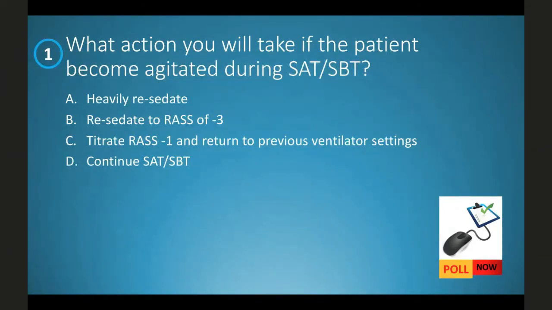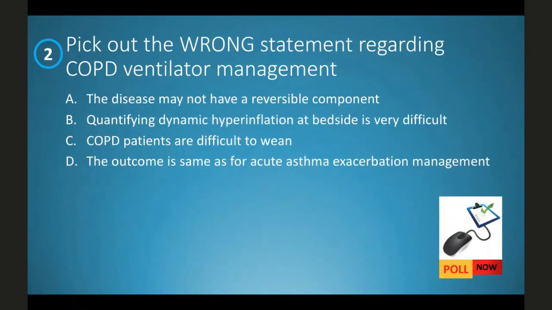Second question: pick out the wrong statement regarding COPD ventilation management. The disease may not have a reversible component. Yes. Quantifying dynamic hyperinflation at the bedside is very difficult. True. COPD patients may be difficult to wean. True. The outcome is the same as for an acute asthma exacerbation patient.